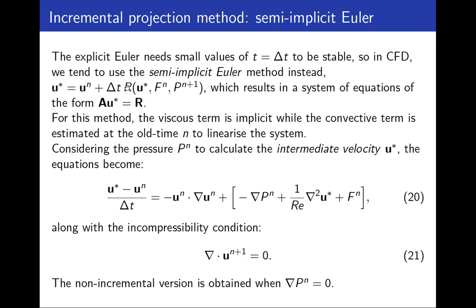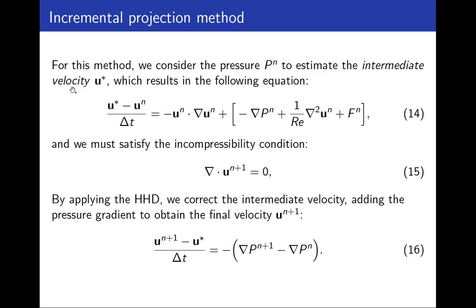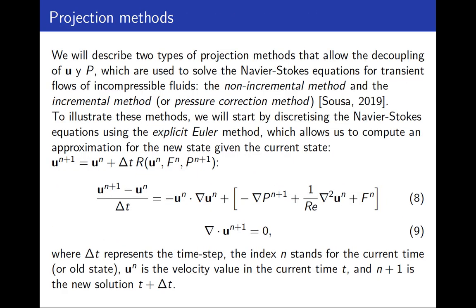So in CFD, we tend to use the semi-implicit Euler method instead because it's slightly more stable. In the explicit Euler method, all the right-hand side of the equation depends on the old state.